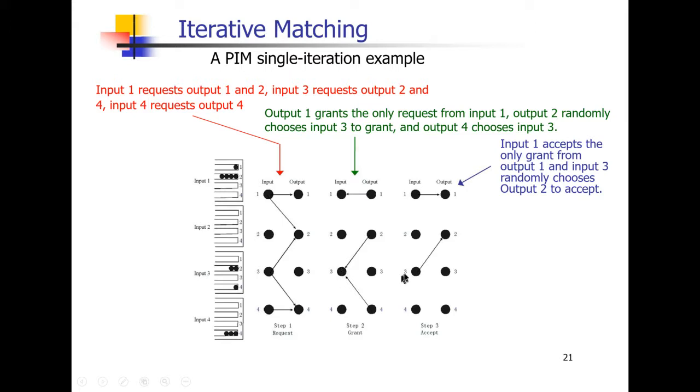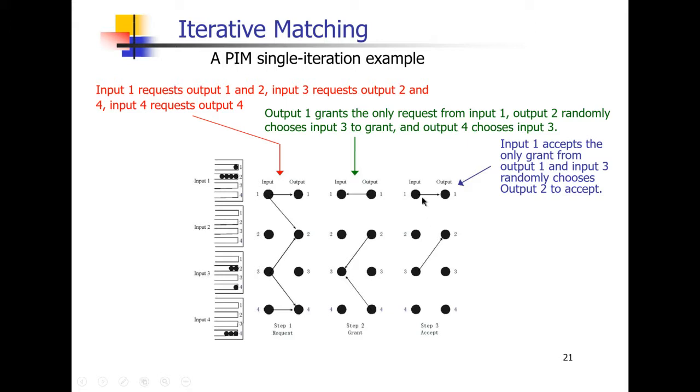And input node 3 received 2 grants, so it has to decide which one of the two, and since here we are using random, it will randomly select one of the two, so in this case node 2. So this is, at the end of the accept phase, the set of arcs that corresponds to cells that are scheduled to be transferred in that specific time slot.